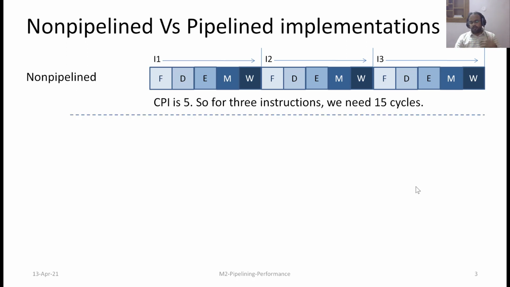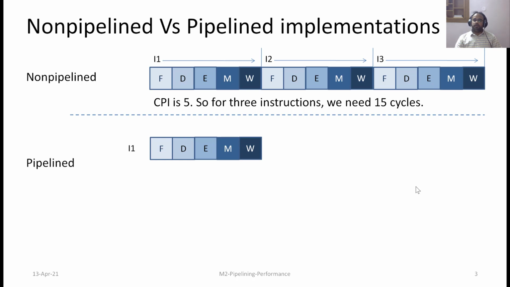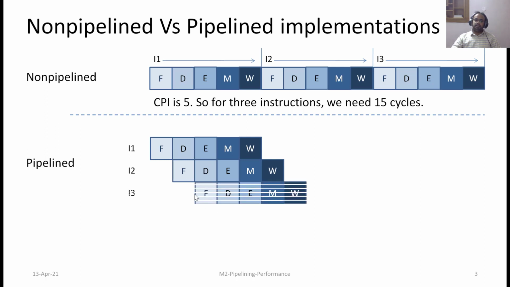Now let's look at the time when we consider pipeline implementation. I1 will be fetched and it will go to the decode stage in the second cycle. At that point, we will fetch I2. Then in the third cycle, I1 will move to execute stage, I2 would move to decode stage, and I3 would move to fetch stage.